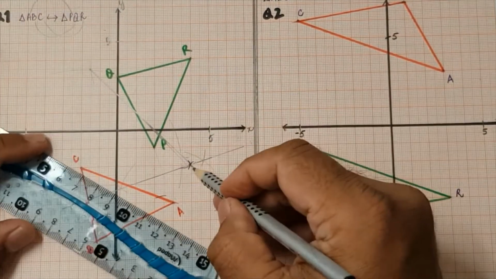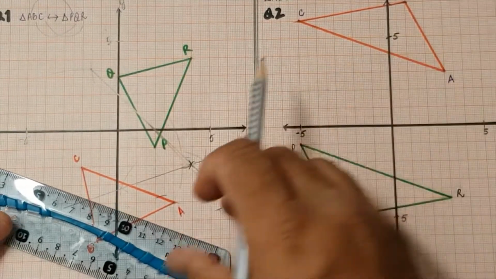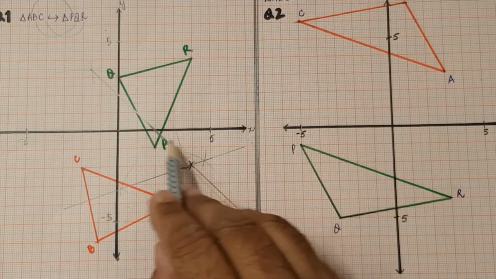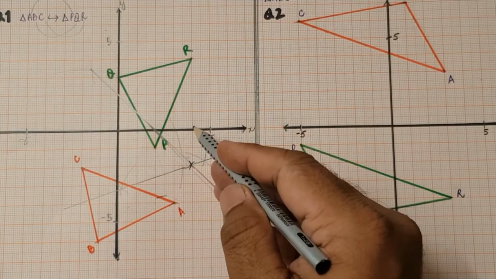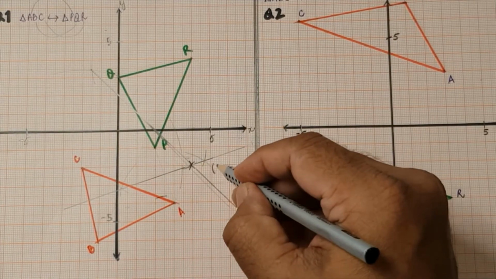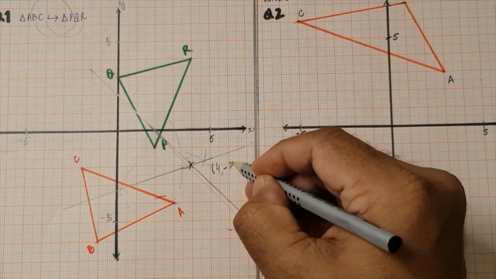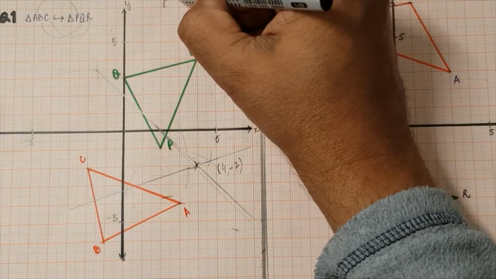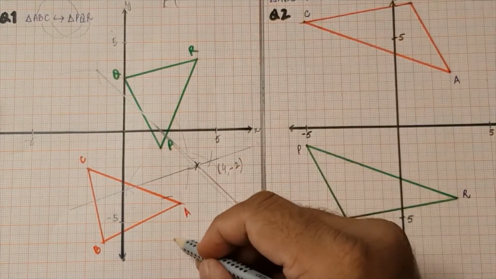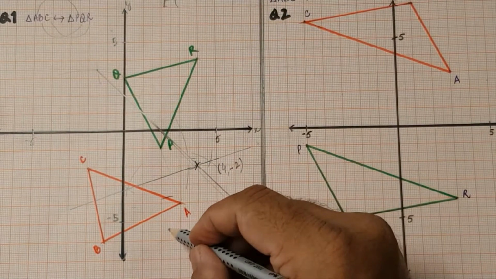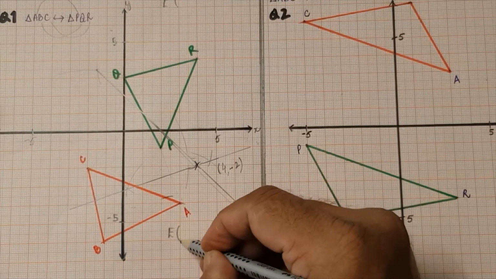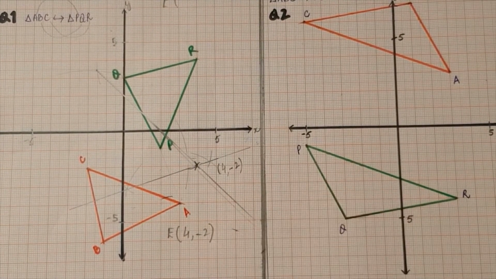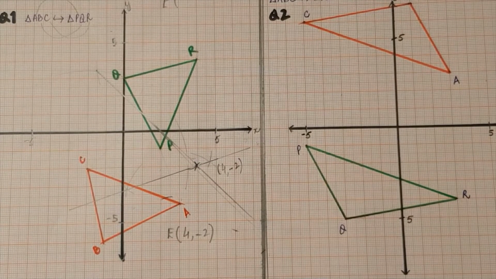You can see the coordinates of where these two perpendicular bisectors intersect: you can observe 1, 2, 3, 4 and 1, 2. This is 4 and minus 2. So the center of rotation, sorry, I'm writing here, the center of rotation is 4 and minus 2. This is the way that we can find the center first of all.